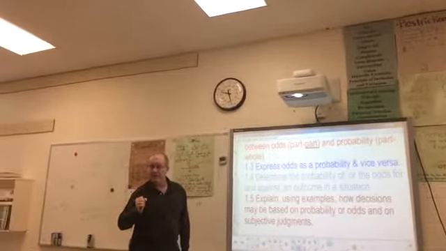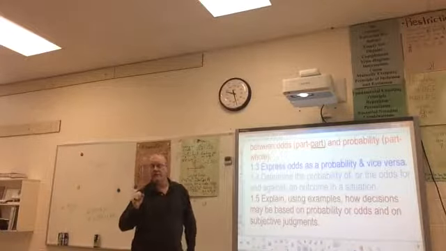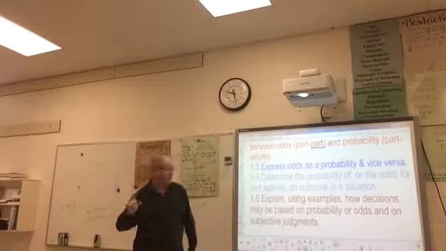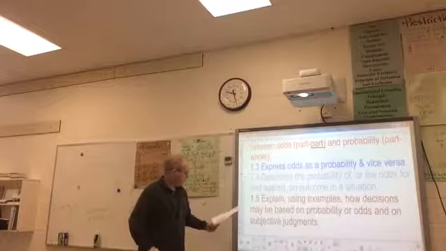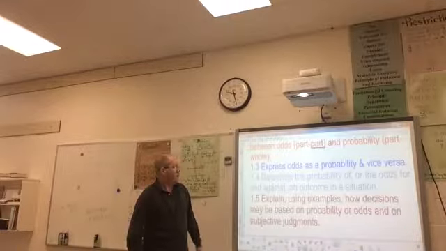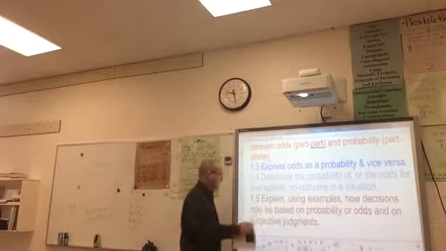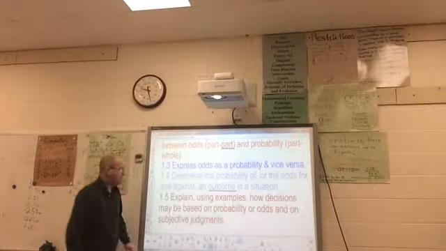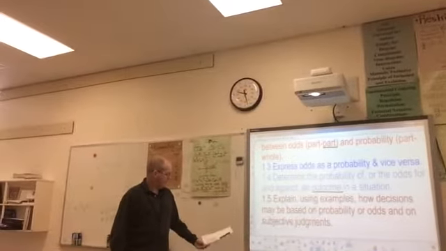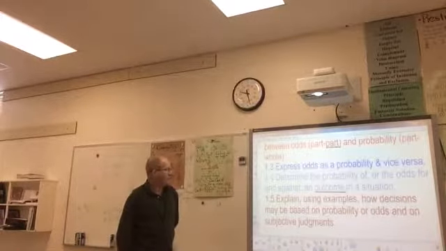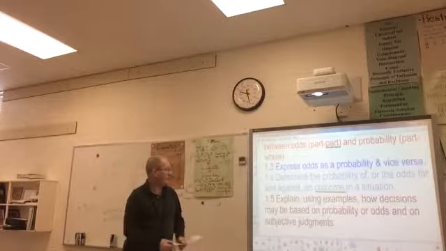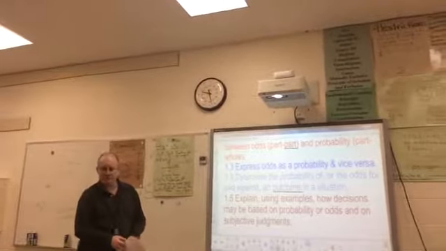Pay careful attention to that. You'll find that they love giving you definition questions, odds and probability. Now, 1.4, determine the probability of, or the odds for and against, an outcome in a situation. And explain using examples how decisions may be based on probability or odds and on subjective judgments.